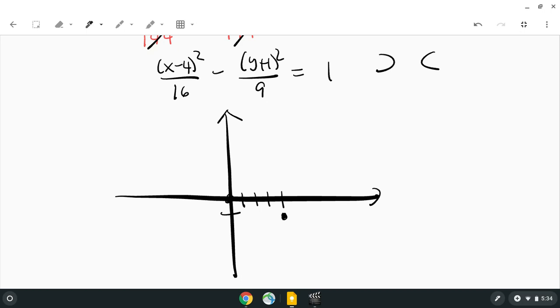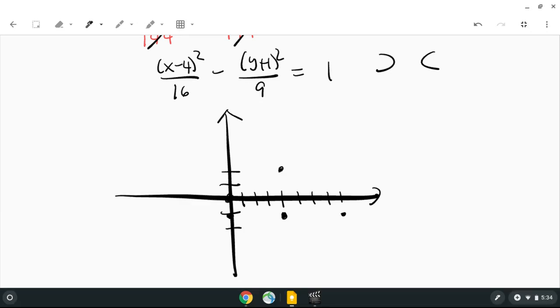So my x distance is going to be 4 on each side. So 4 this way, 4 this way, and then 3 up and 3 down, 1, 2, 3, and 1, 2, 3.